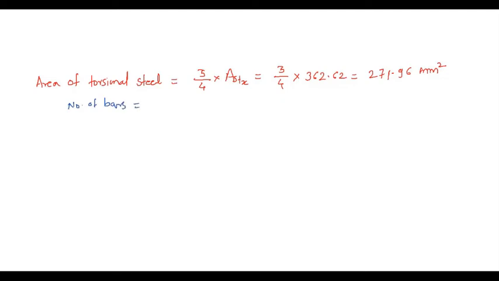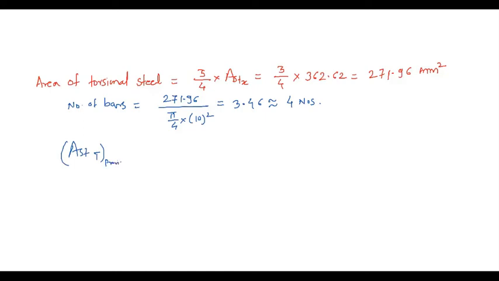Number of bars is equal to 271.96 divided by, we will keep our bar diameter as it is, we will not change. 10 mm diameter bars we have taken. So it is 3.46, which is nearly equal to 4 numbers. 4 number of bars.